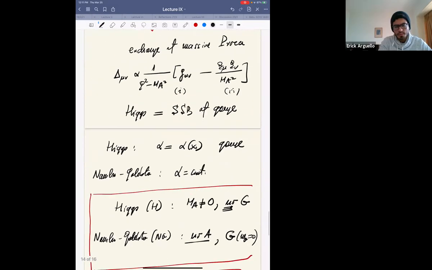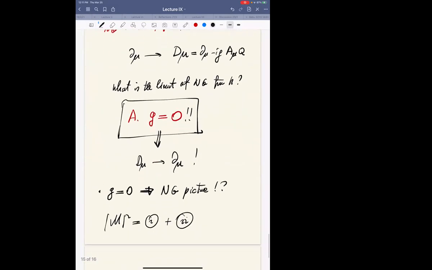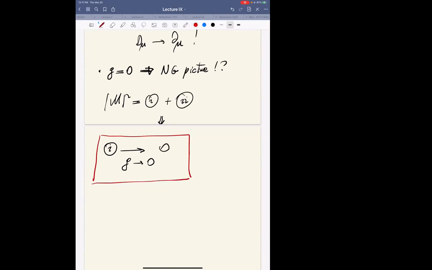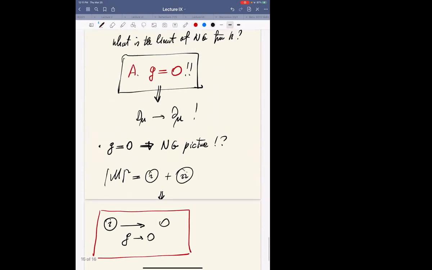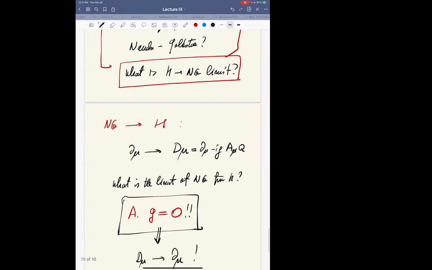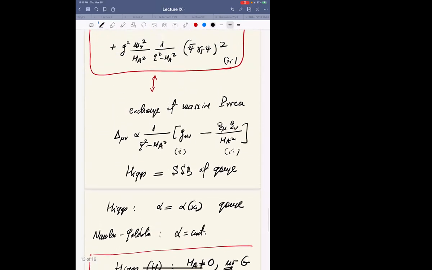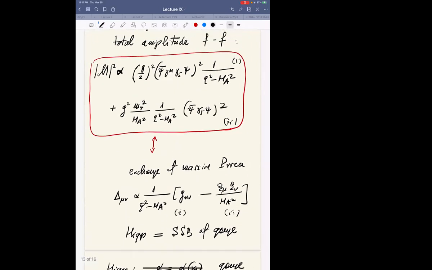Sorry? It goes to 0. Yes. I find immediately in that limit, it goes to 0 when G goes to 0. Very good. This is important. I don't have to worry about that. By the way, I'm happy that this happened because this was an exchange of a gauge field. It better go to 0. In the Nambu-Goldstone case, there is no gauge field, okay?